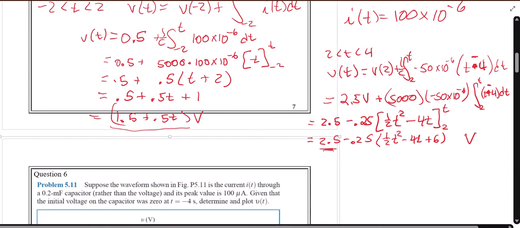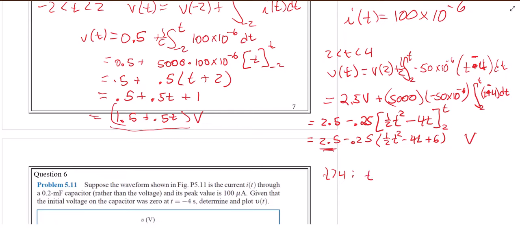Okay, so now for t greater than 4, we have v of t equals v of 4 plus 1 over c integral 4 to t of i of t dt.